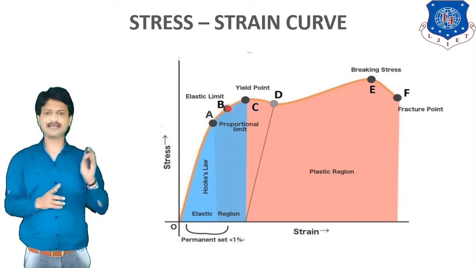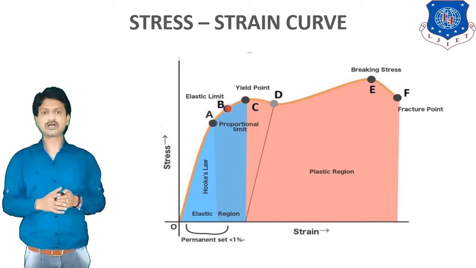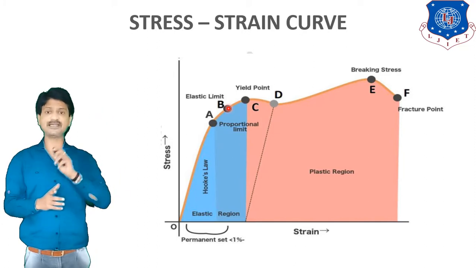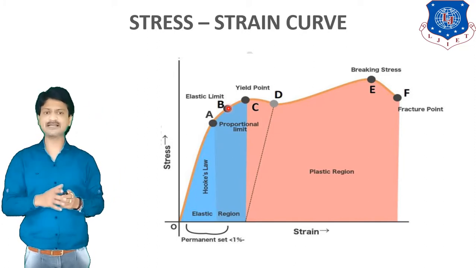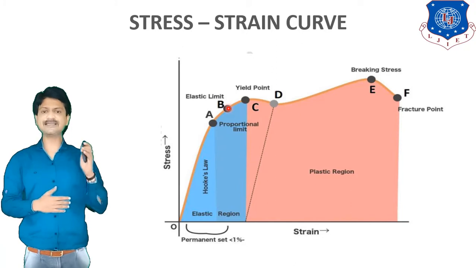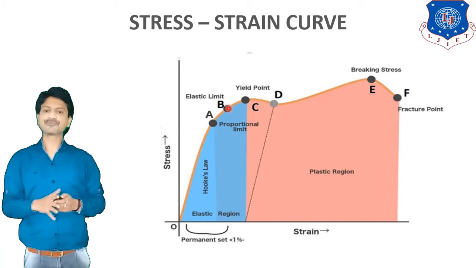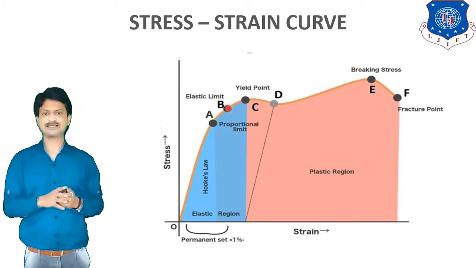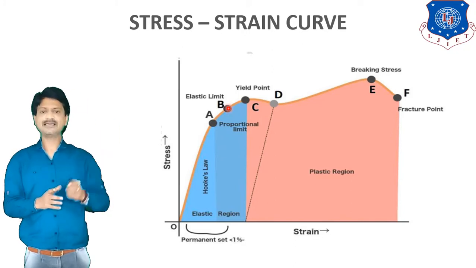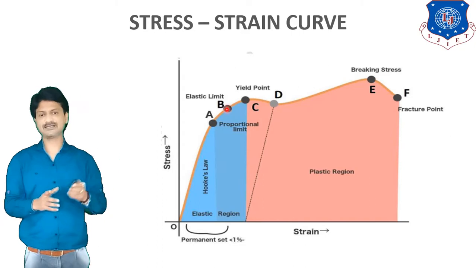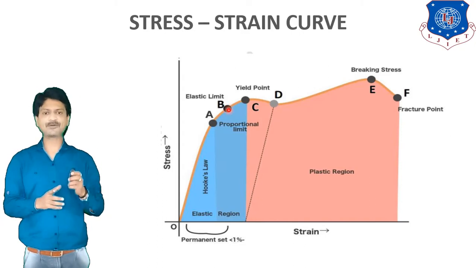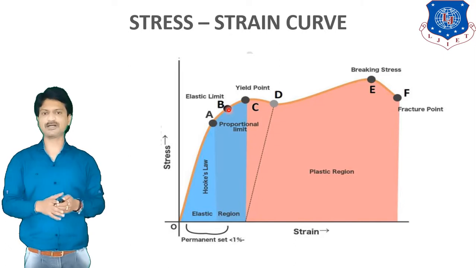The value of stress corresponding to point B, up to which the material behaves in an elastic manner, is called the elastic limit. Up to point B, the material will be in the elastic range, and beyond B, it will be in the plastic range. So after point B, the material will lose its elastic properties.